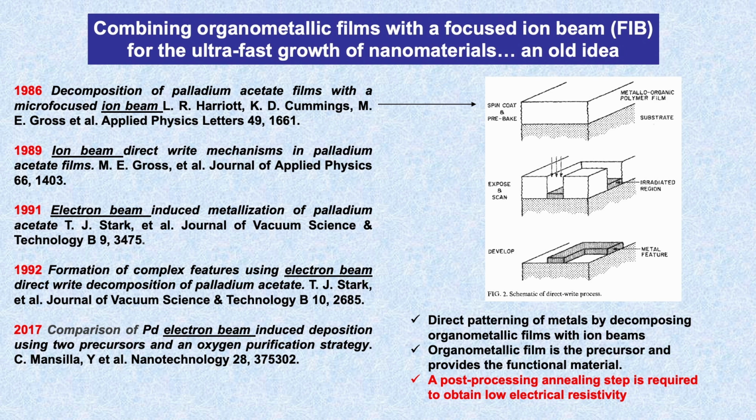So, in fact, this is not a new idea. It was already proposed in the 80s in Bell Labs. But there was a big disadvantage, as you will see now. It was proposed in '86 that using these organometallic films, if you decompose them with the focused, at that time, micro-focused ion beams, you just need to develop in a certain solvent, and directly you create a metallic structure.